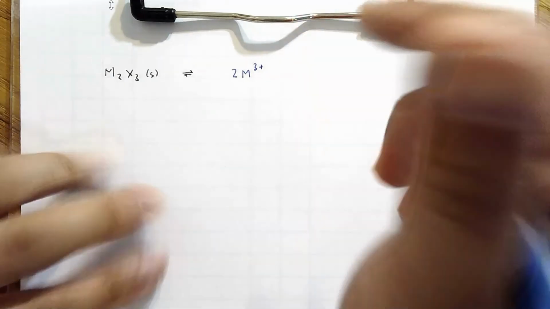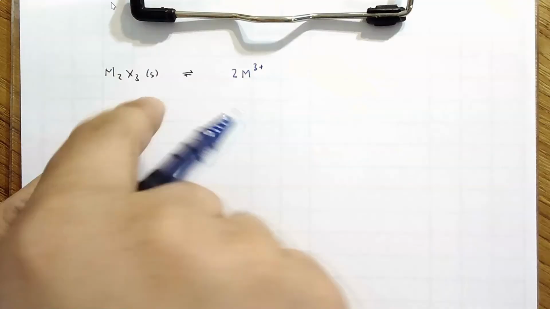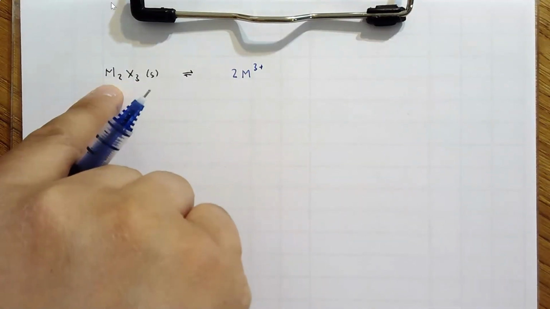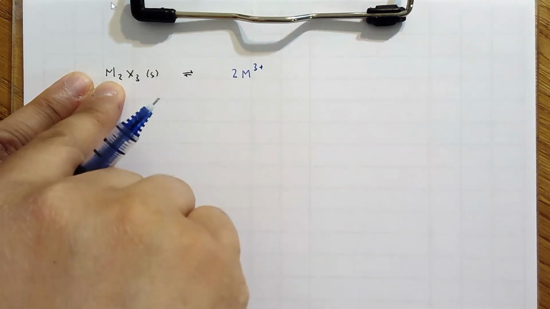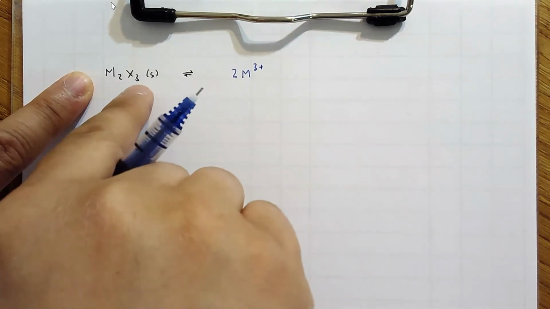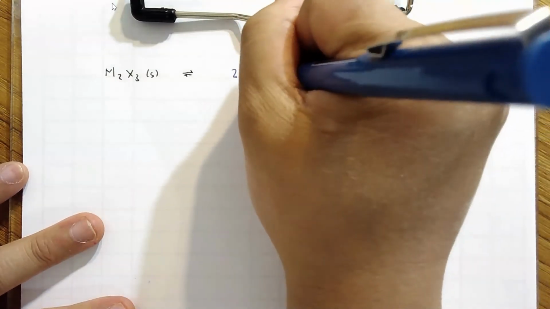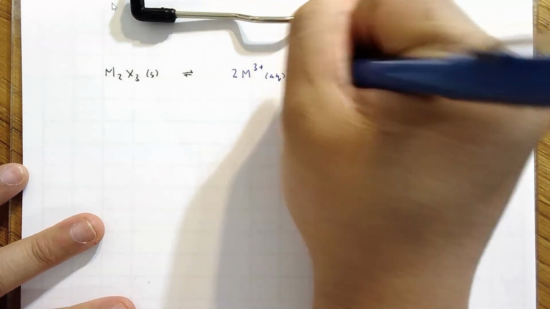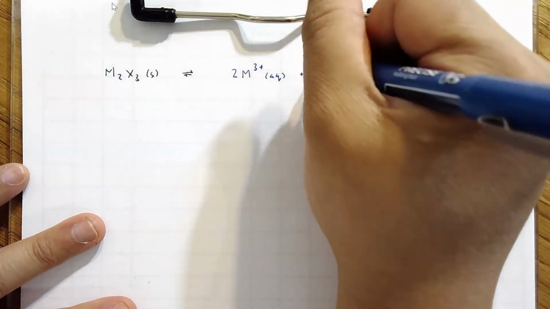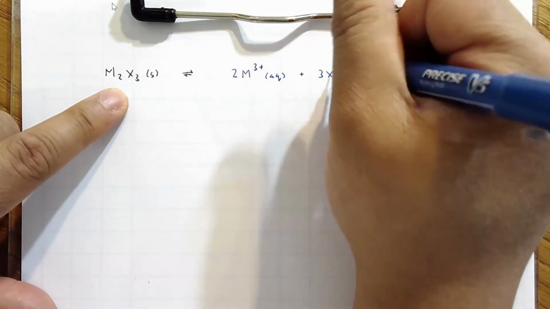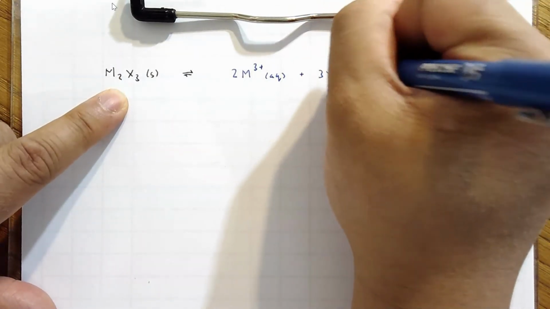And we'll double check, but that 3 is because we need 3 of these X's for every 2 of these M's. Let's guess a 3 plus charge for now. And again, get in the habit of writing the phases. For the X, we have 3X, and we're going to give it a 2 minus charge.